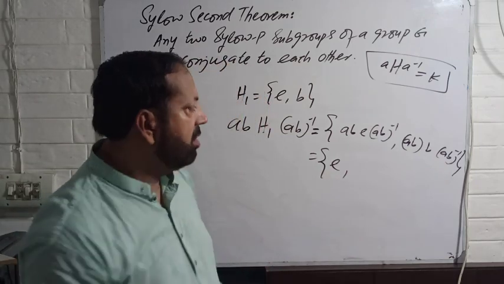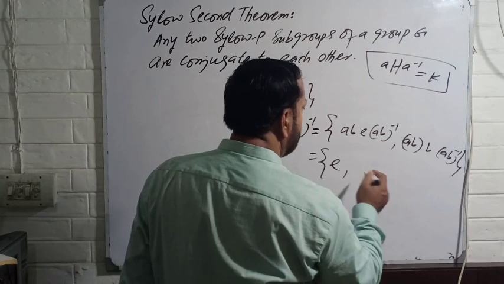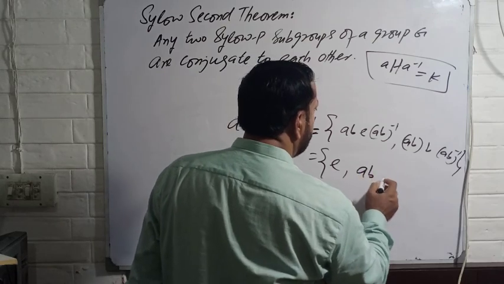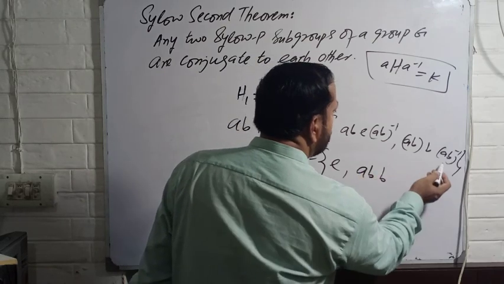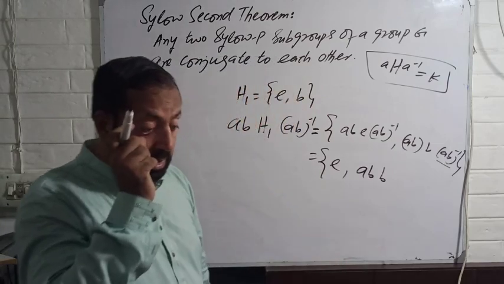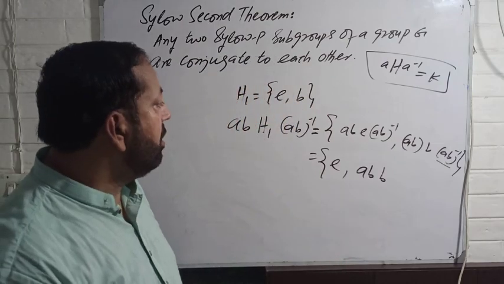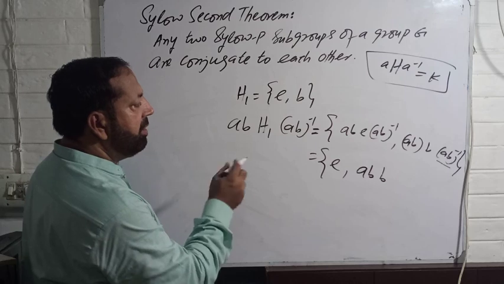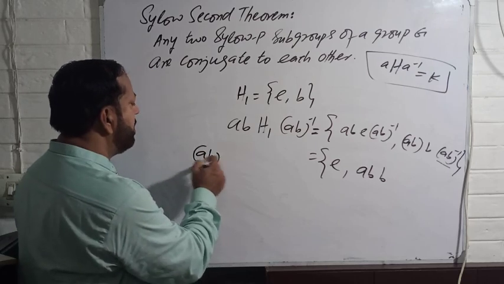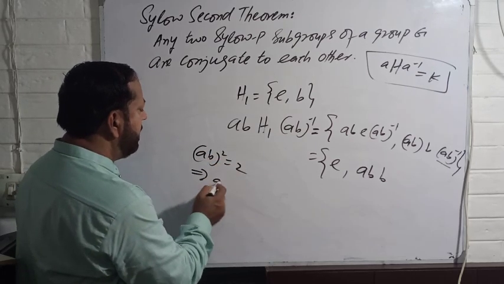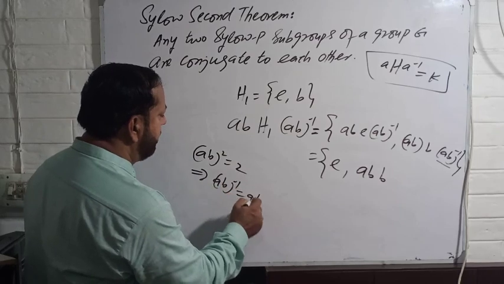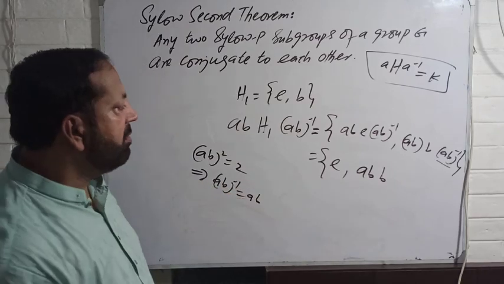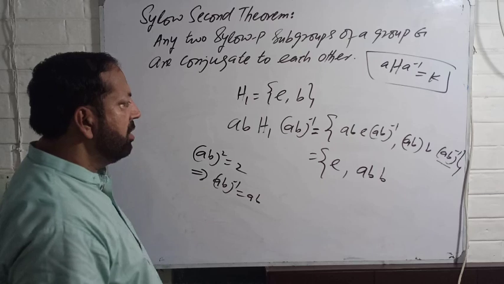This is B A square, right? So (AB) square is equal to E. So this implies (AB) inverse is equal to AB.